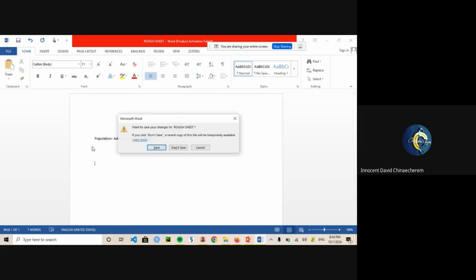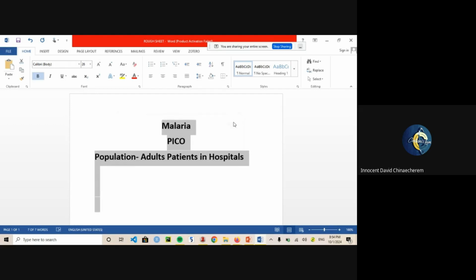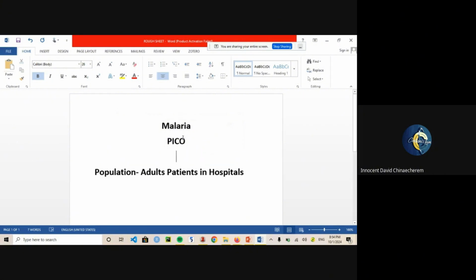So let's get back to our example here. I'm going to make it bold. Now we have malaria as a broad term, and we want to formulate our research question. What it implies is that I have a model in mind, PICO. So for my population, maybe what I want to focus on now is adult patients.